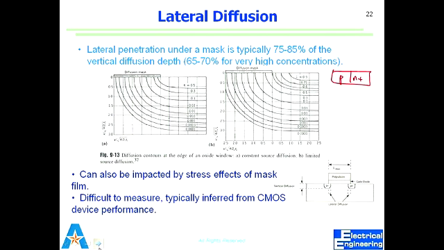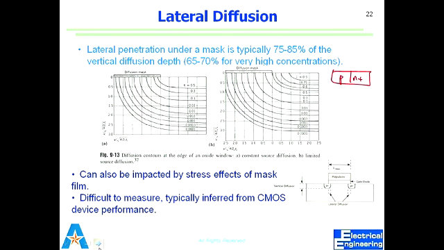So I have a question. Why are we using the term mask? What do you mean by the mask? When I'm doing my diffusion, before I do, I have to define a region where I'm going to do this diffusion.